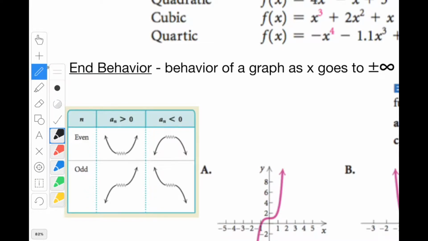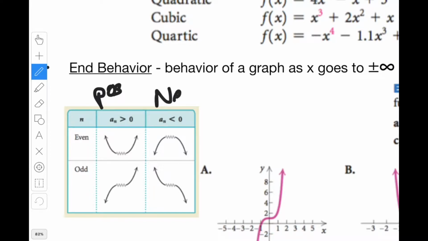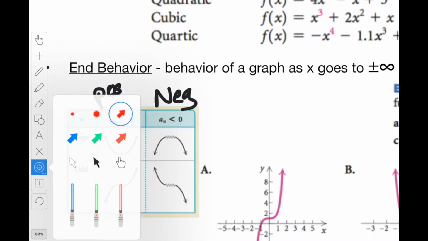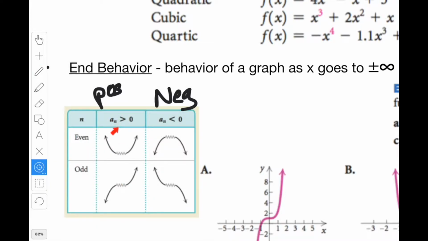if you know that the leading coefficient is positive, then it'll behave like those two graphs. And if it's negative, that's what these inequalities mean. A of n here is greater than 0. A of n is less than 0, that's negative. Then you can see something like, this would be like the graph of y equals x squared.